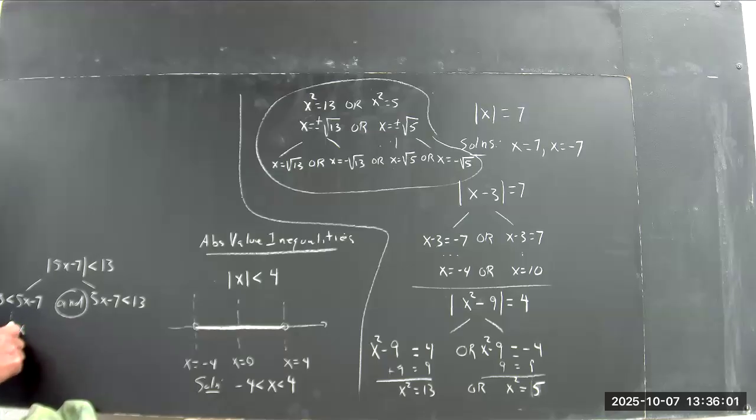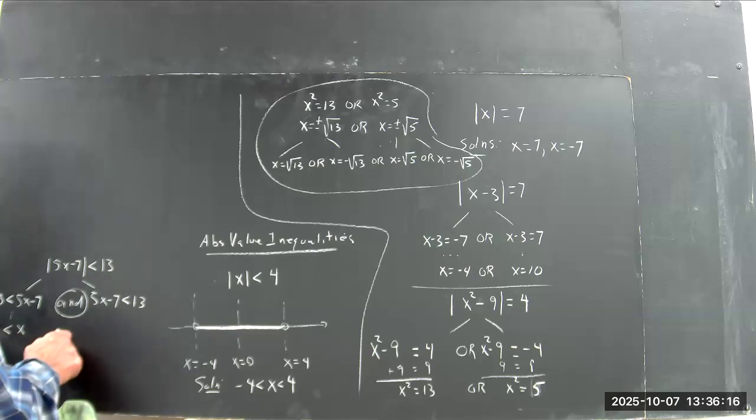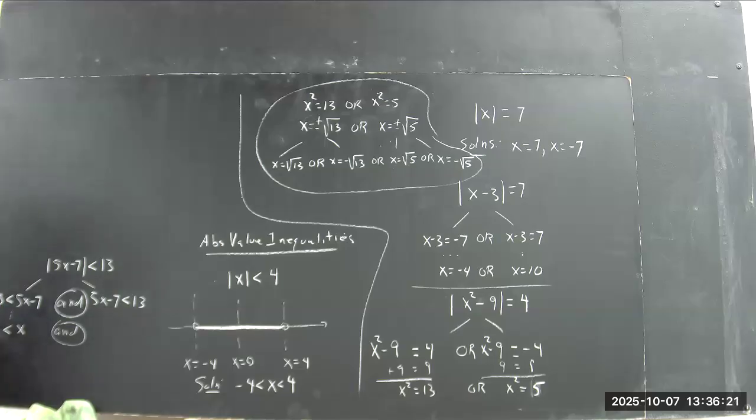It's this way, x is going to be greater than negative 6/5. x has to be greater than negative 6/5. And I'm not going to go through the details of solving these equations.